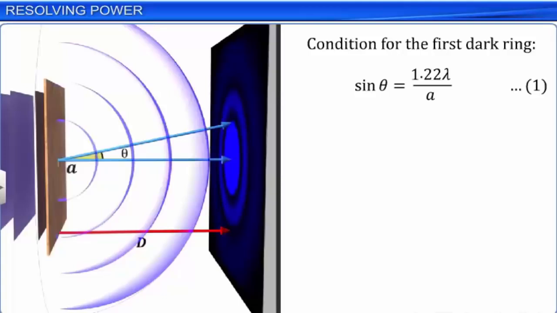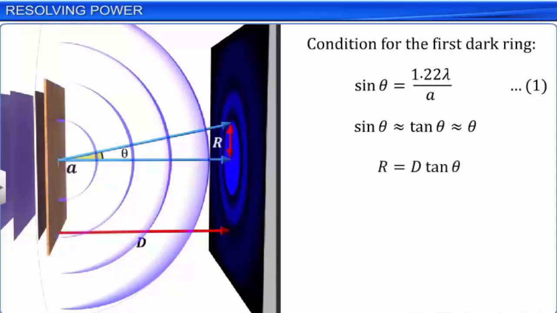For small angles of theta, we know that both sin theta and tan theta are approximately equal to theta. Since the screen is at a distance D from the aperture, where D is much greater than A, the radius of the first dark ring, r, is equal to D tan theta.